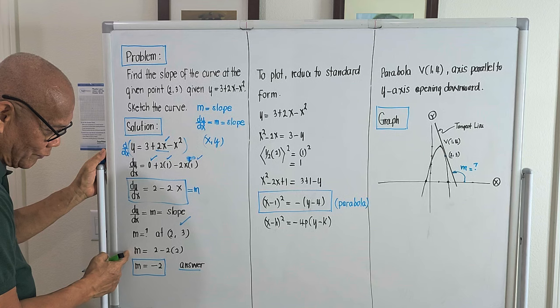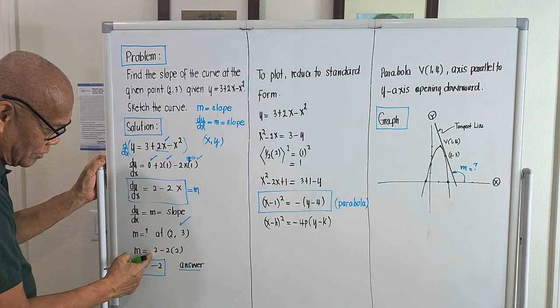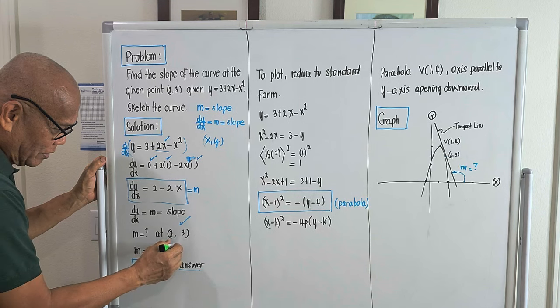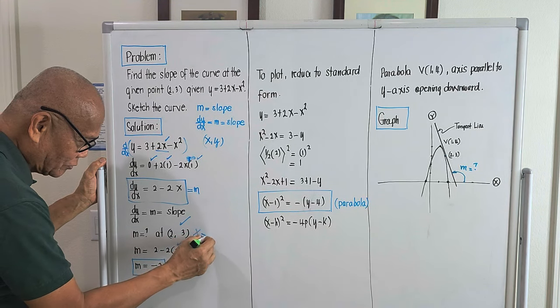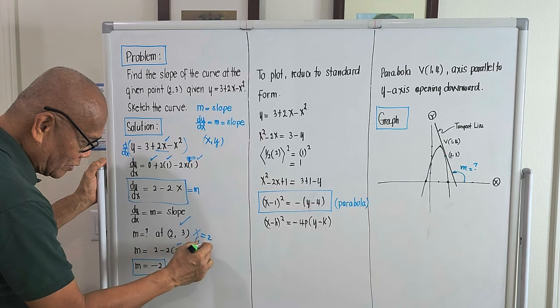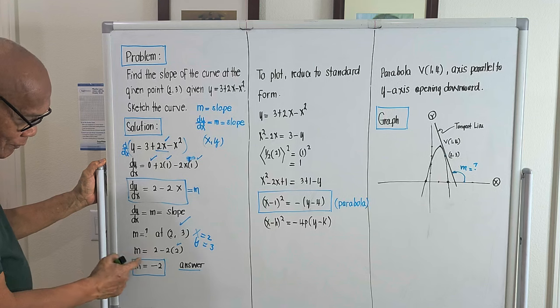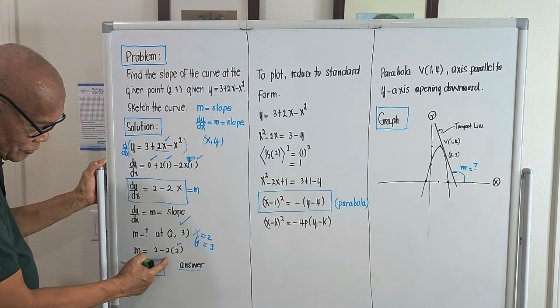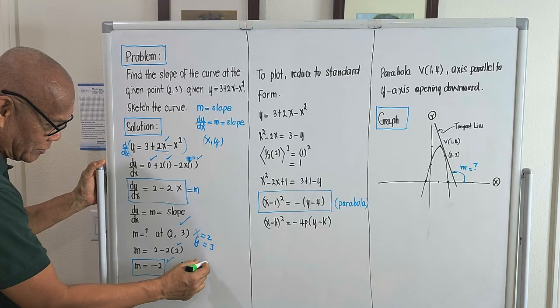So m now will be equal to 2 minus 2 times 2, because at the location (2, 3), x is equal to 2 and y is equal to 3. So m is equal to 2 minus 2 times 2, or m is equal to negative 2, and this will be the answer.